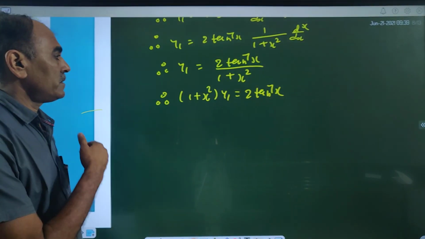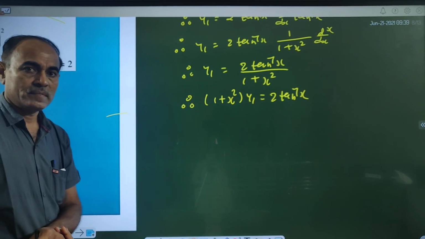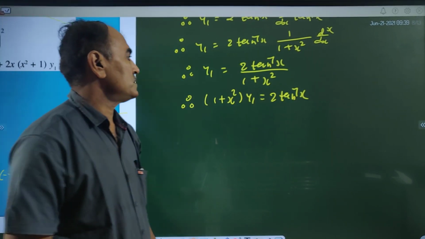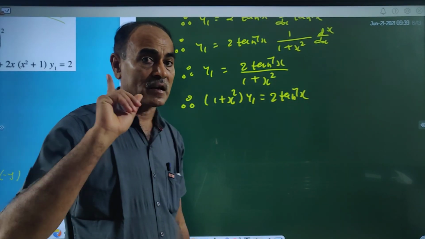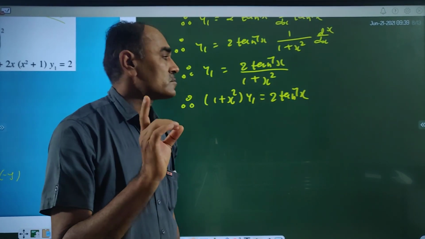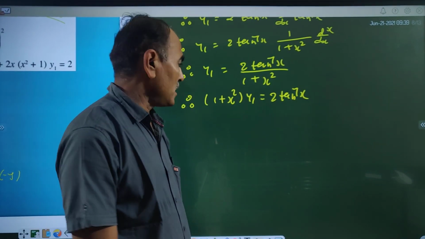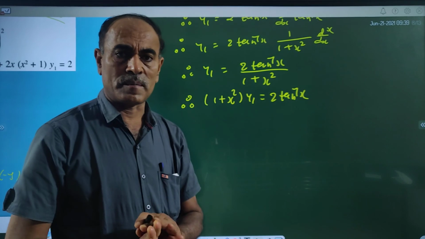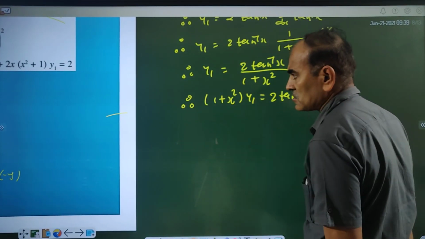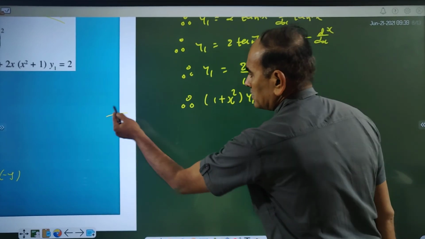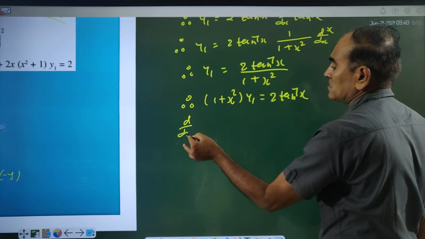Whenever a single term is on the right hand side, you can square on both sides. If there are two terms, then we can't square it, we have to differentiate directly. Here also you can differentiate directly, no problem. Clear? Yes, differentiating directly is also possible.